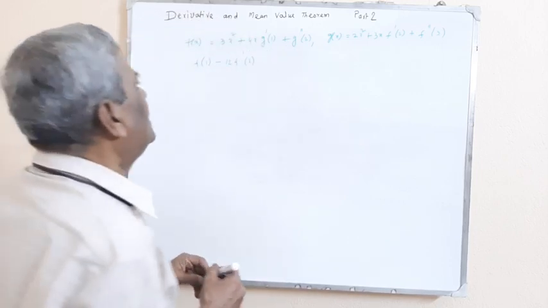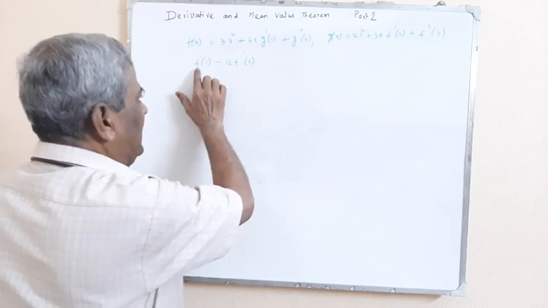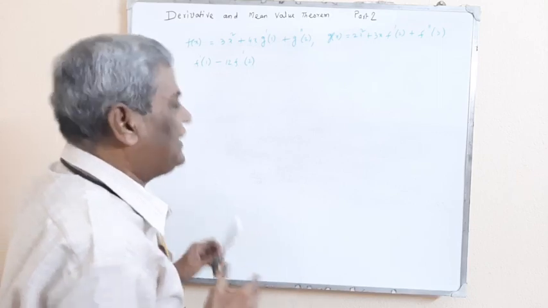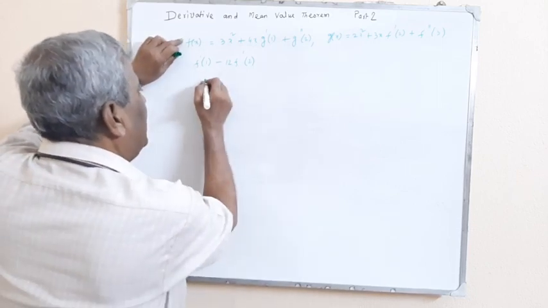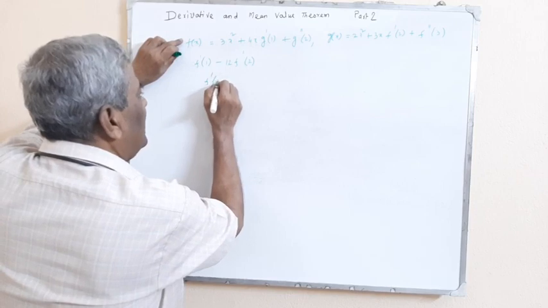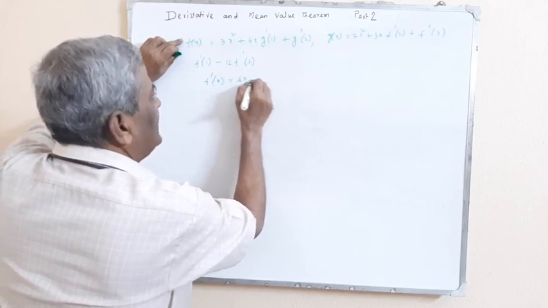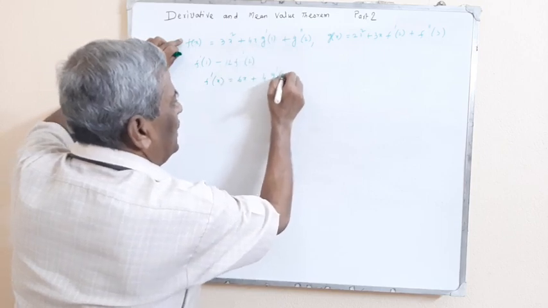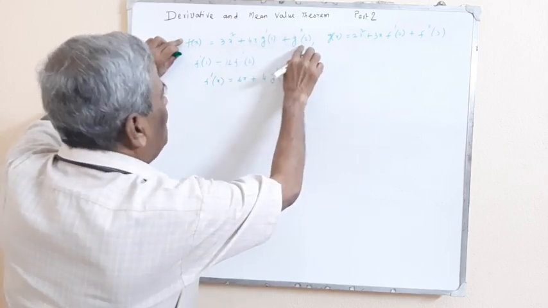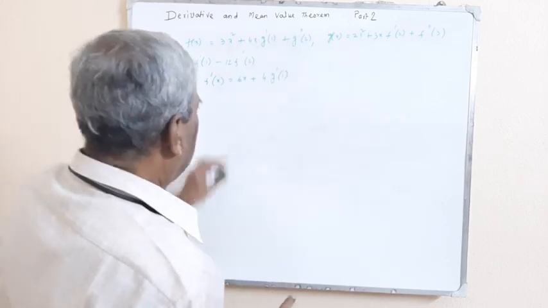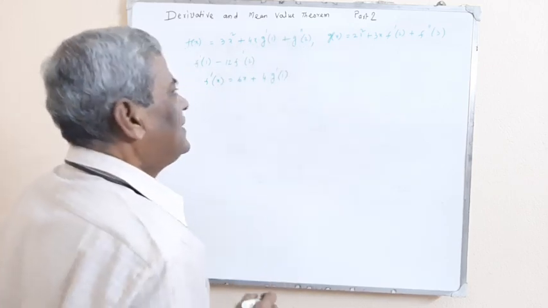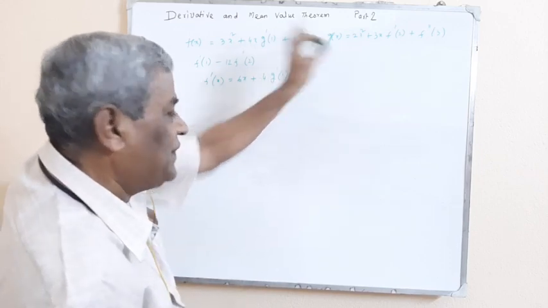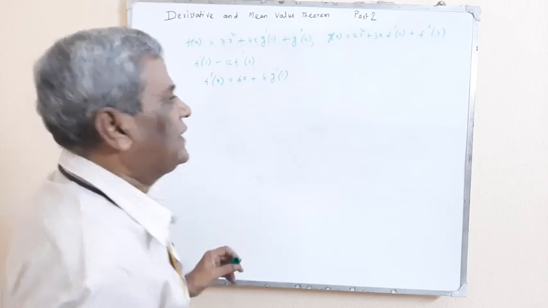Because we have to find f dash 1 and f dash 2, first we differentiate f(x). f dash x is equal to 6x plus 4 into 1 into g dash 1. The other part is constant, so its derivative is 0. So f dash x is that. Now we have to find g dash 1 from there and put it there.